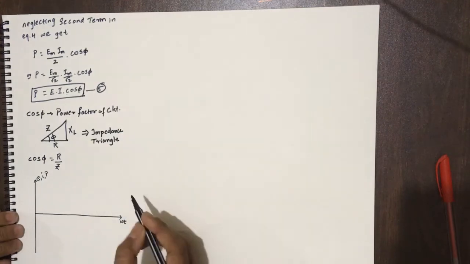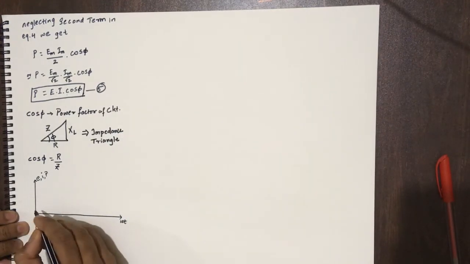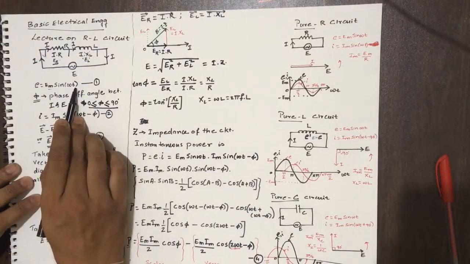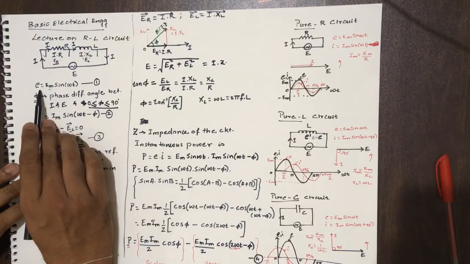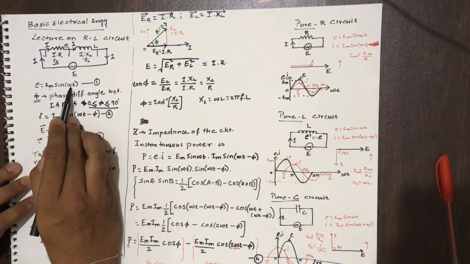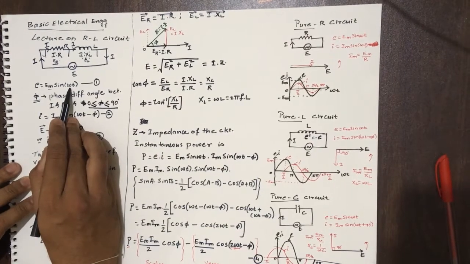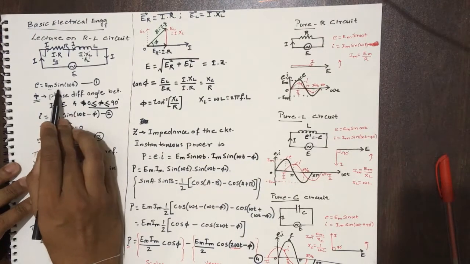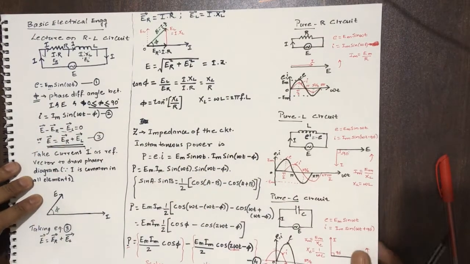Now we have E equals Em sin omega t. It means that voltage is starting at omega t equals 0. The initial phase angle of voltage is 0, that is omega t equals 0. I will take it from the reference axis, so therefore I take the initial phase angle of E as 0.